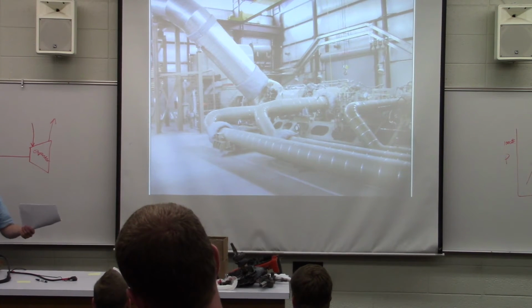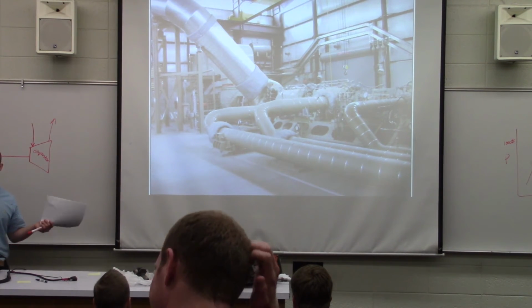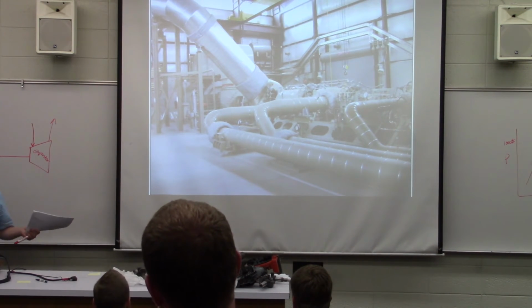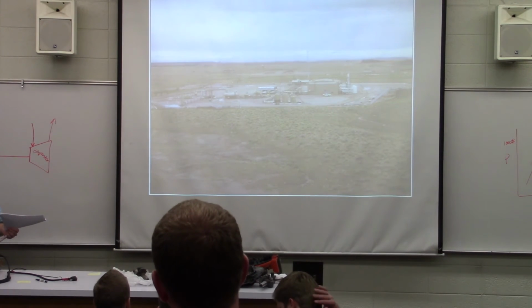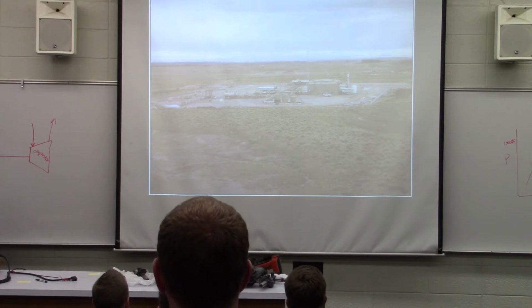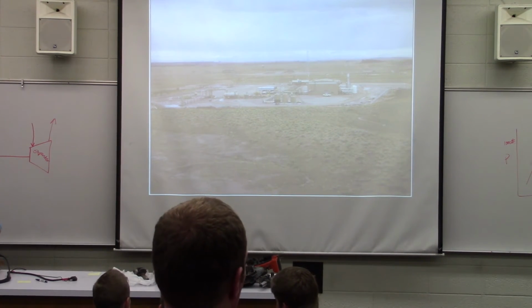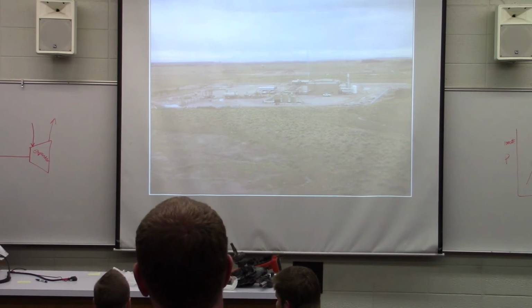But then the facility that we built, with everything that comes with it, and this is just a compressor station, no processing, was about a $23 million facility, and there's the facility. So this is like 30 miles south of Vernal, Utah. Anyway, that's just a compressor facility. We spend a lot of money.